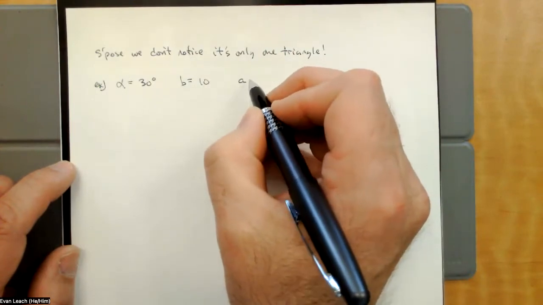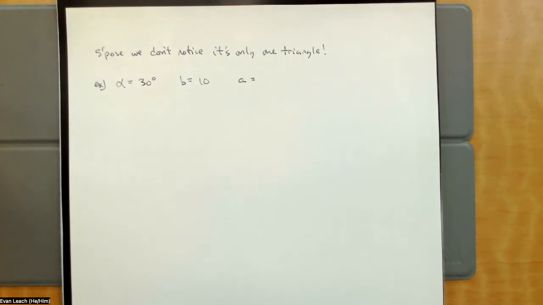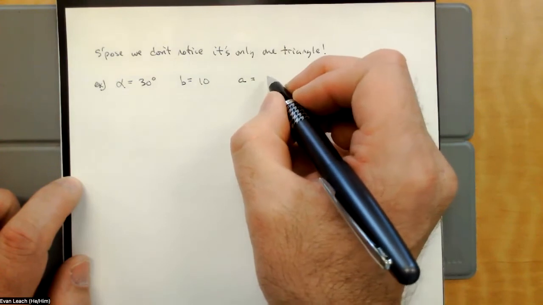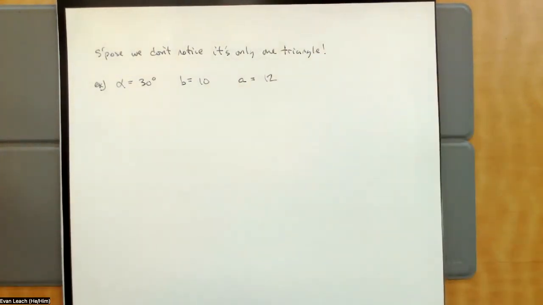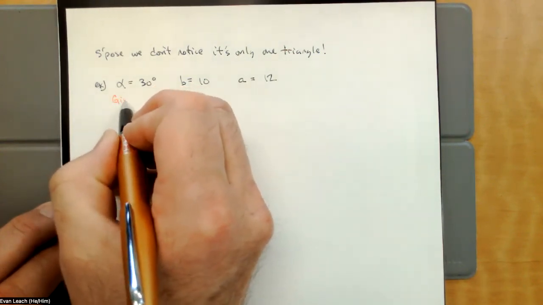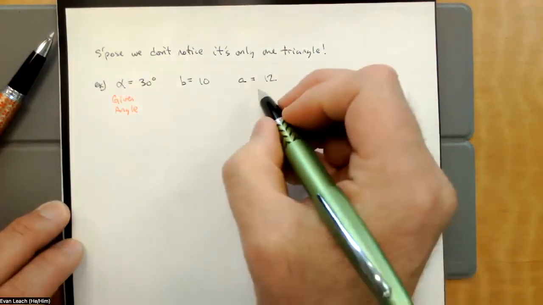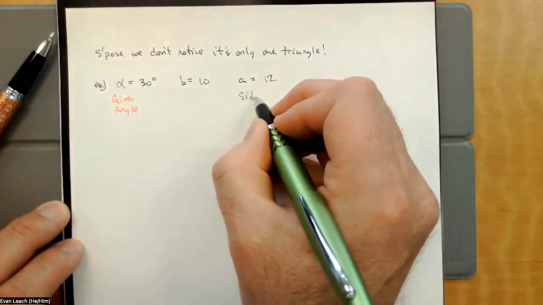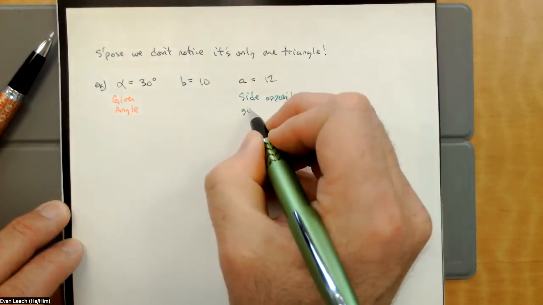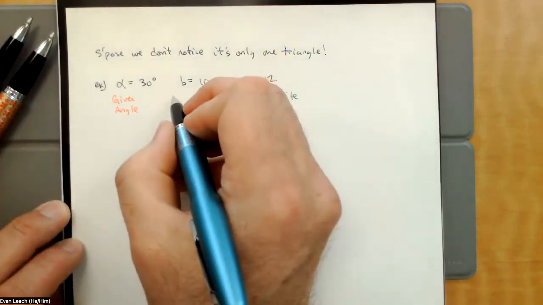And now side A is going to be greater than the other given side, and we're just not even going to notice that. So A is going to be 12. So here's our given angle. A is our side opposite the given angle, and B is our other given side.